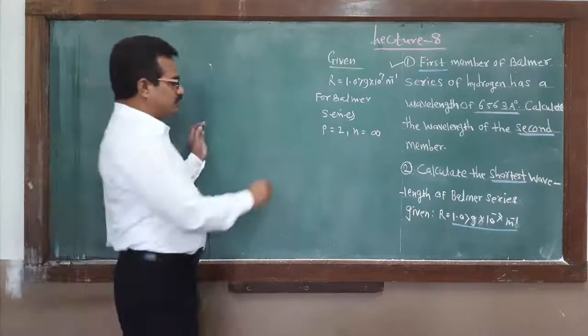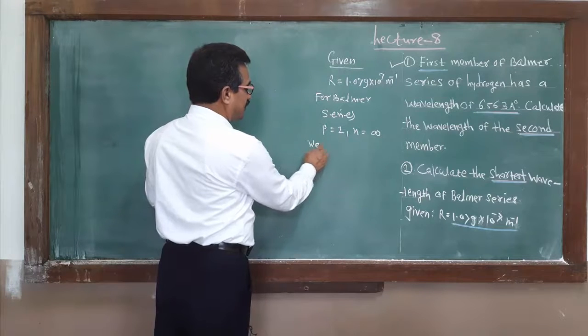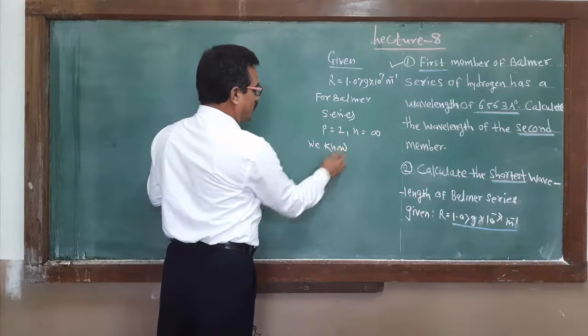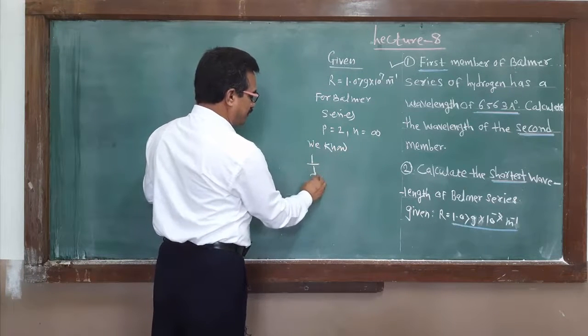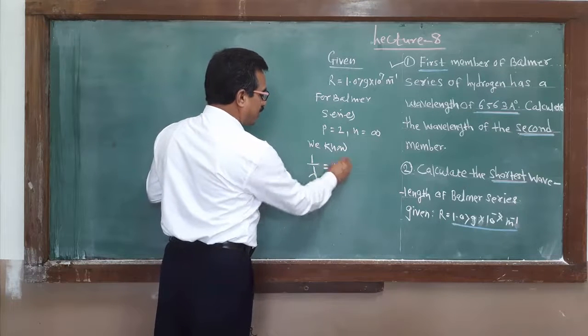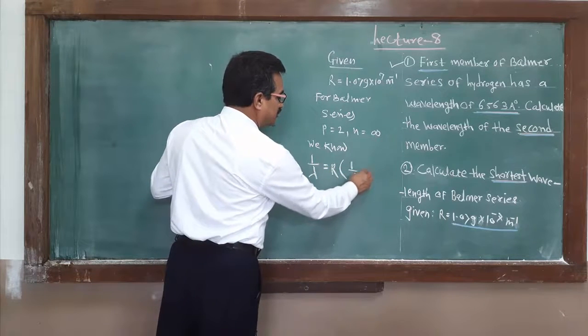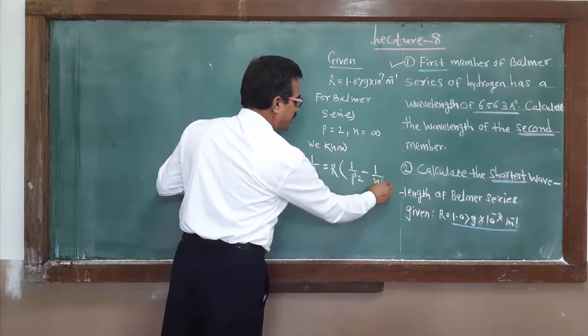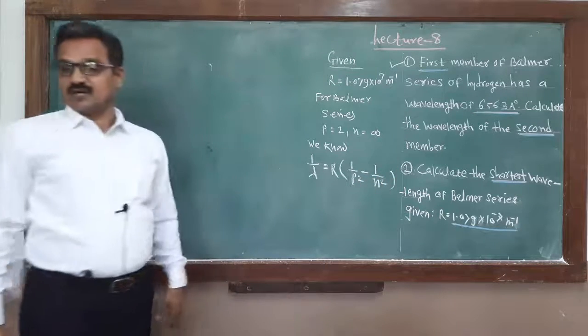And use the Bohr formula. We know the formula: 1 upon lambda is equal to R in bracket 1 upon p square minus 1 upon n square. This is the formula.